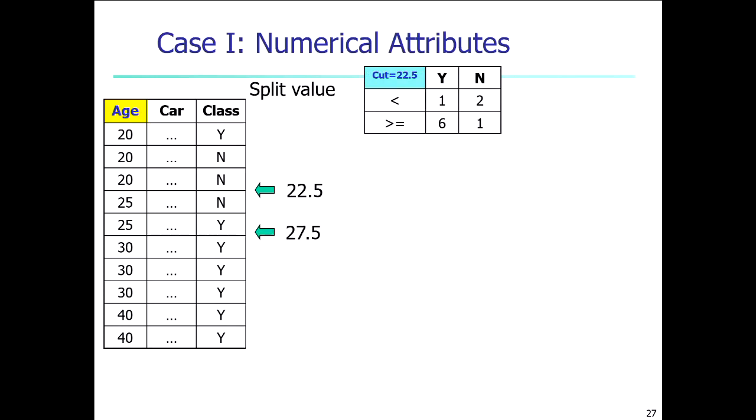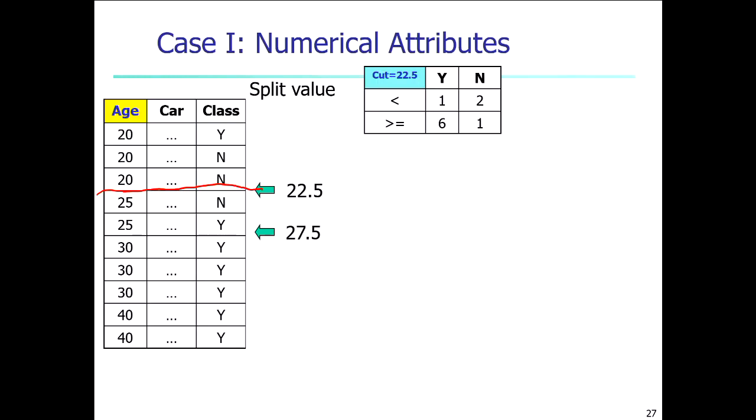Like if we take 22.5, then we split the data into these two partitions. And for the first partition, there's one yes and two no. And for the rest, there are 6 yes and 1 no.